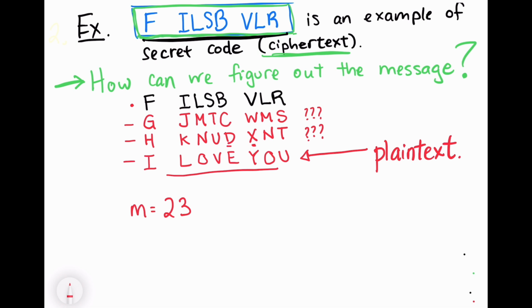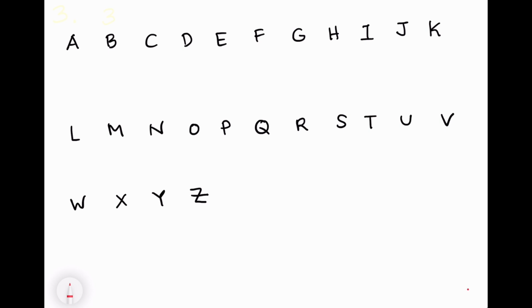For example, the letter I, if I look at the letter that's 23 letters after it, that would be F. Just to make it absolutely clear, the letter I in I love you was encrypted as an F. If we look at our alphabet here, in order to get F, if I look at the letters after I, say 1, 2, 3, 4, 5, 6, 7, 8, 9, 10, 11, 12, 13, 14, 15, 16, 17, 18, 19, 20, 21, 22, 23. So that's 23 letters after I.